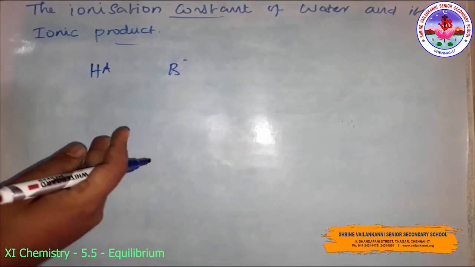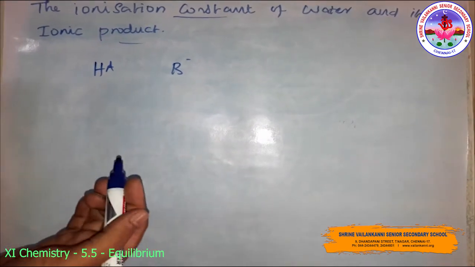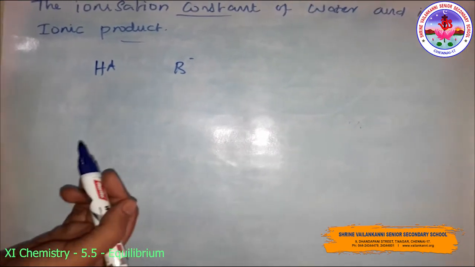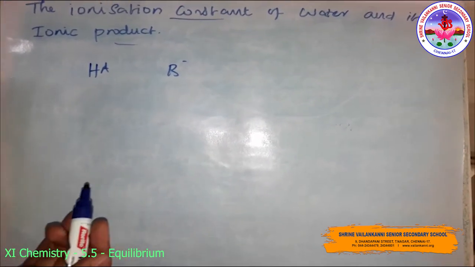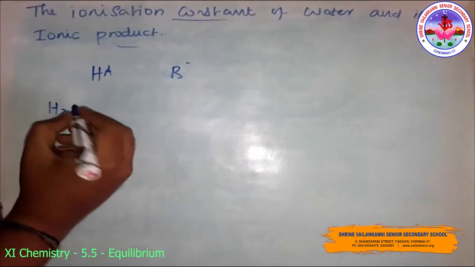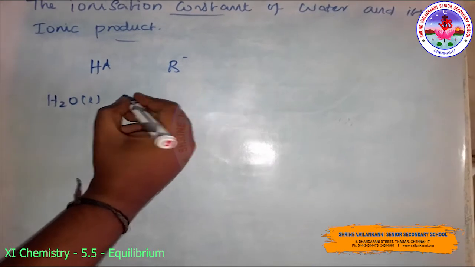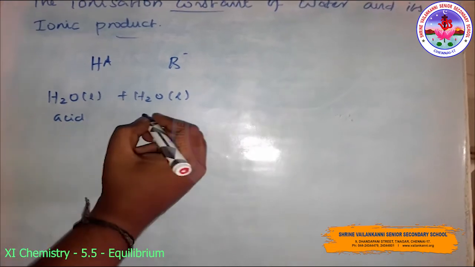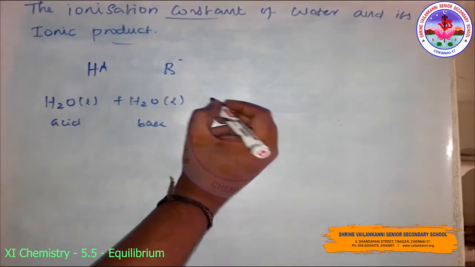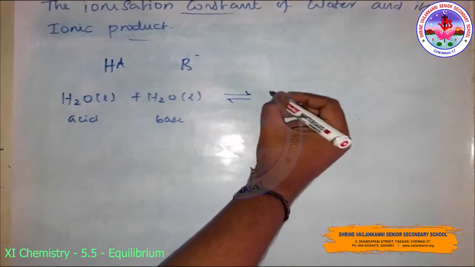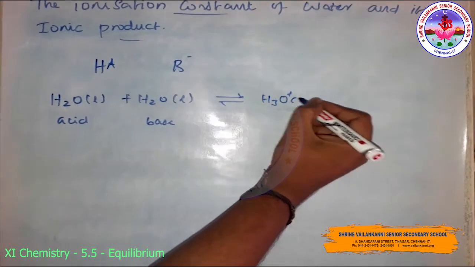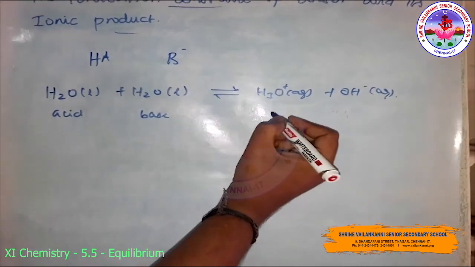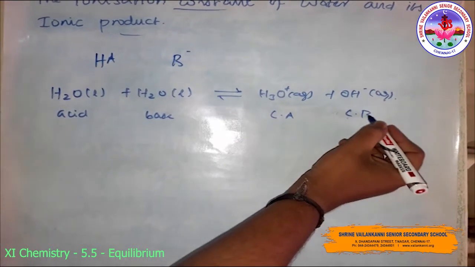In pure water, one water molecule donates a proton and acts as an acid, and another water molecule accepts a proton and acts as a base at the same time. Look at this equation: one water molecule acts as an acid and one acts as a base to give the conjugate acid and conjugate base, hydronium ion and hydroxide ion. So this is the conjugate acid and this is the conjugate base.